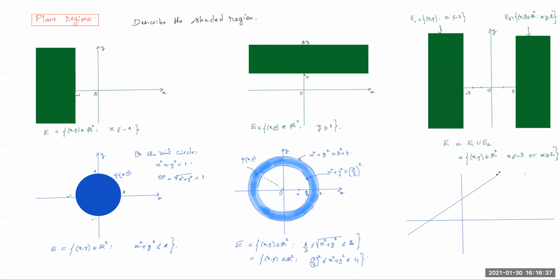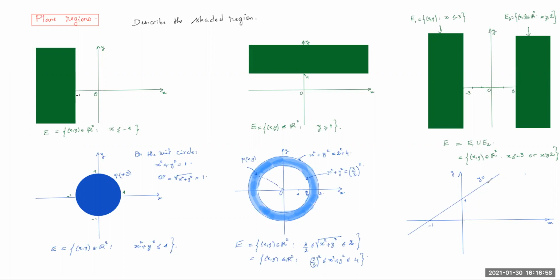Suppose that my equation is the following: this is y, and this is the line y = x + 1, for example.